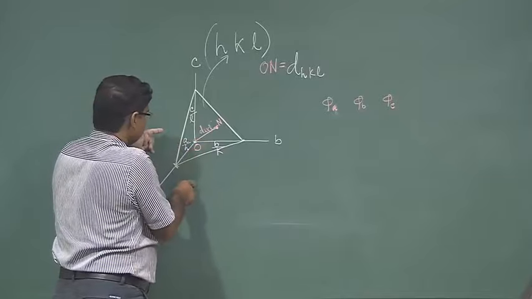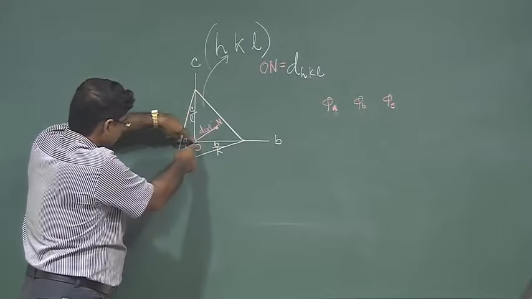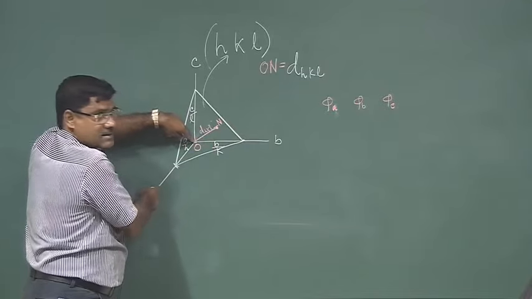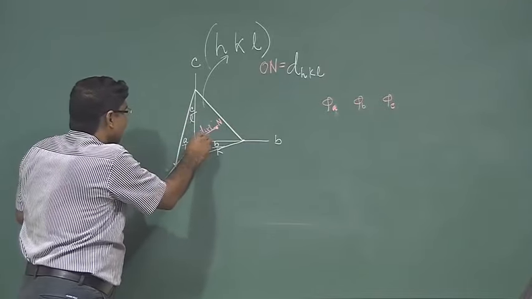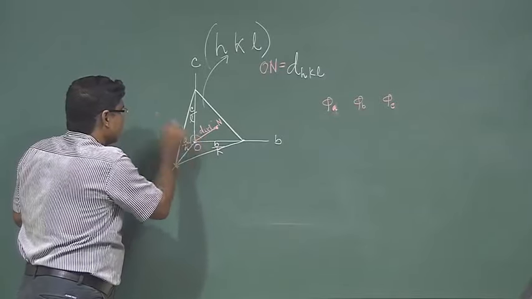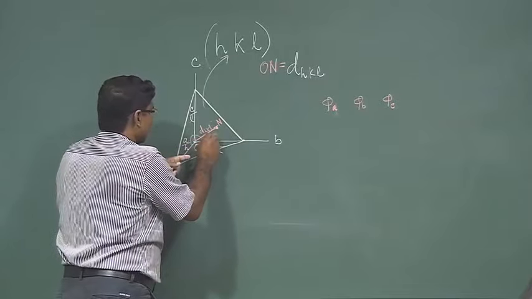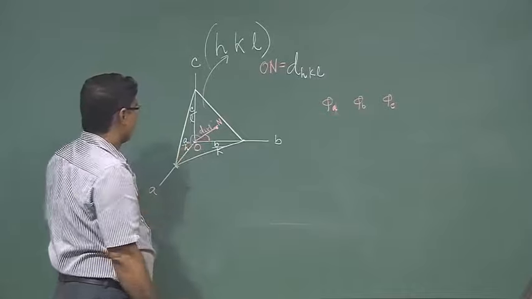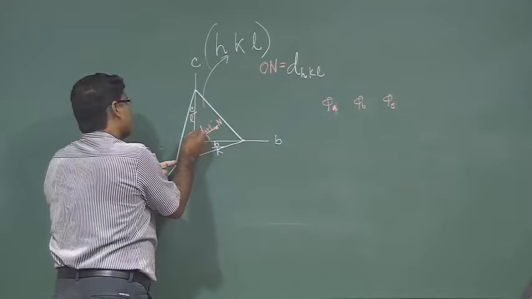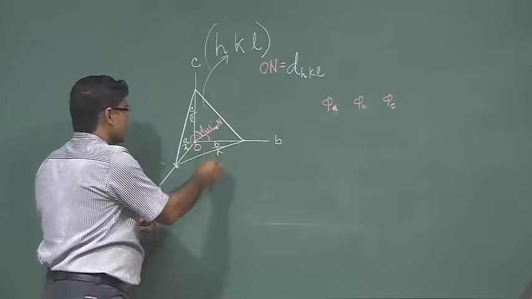This ON has angle phi A with the A axis, with the B axis this angle is phi B, and with C this is the angle, so that is phi C.